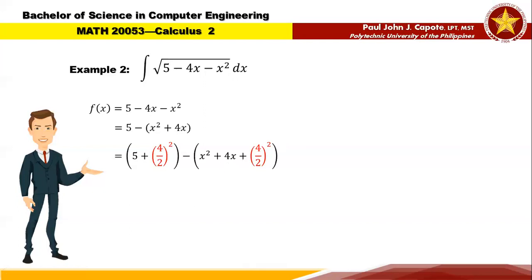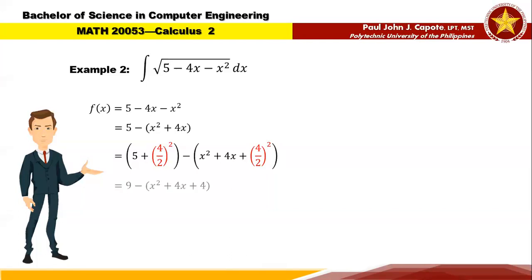Again, how did we apply completing the square? First, identify or determine the value of the numerical coefficient b. And then get half of that numerical coefficient b and square it. And then add the result to the first square and to the second square.